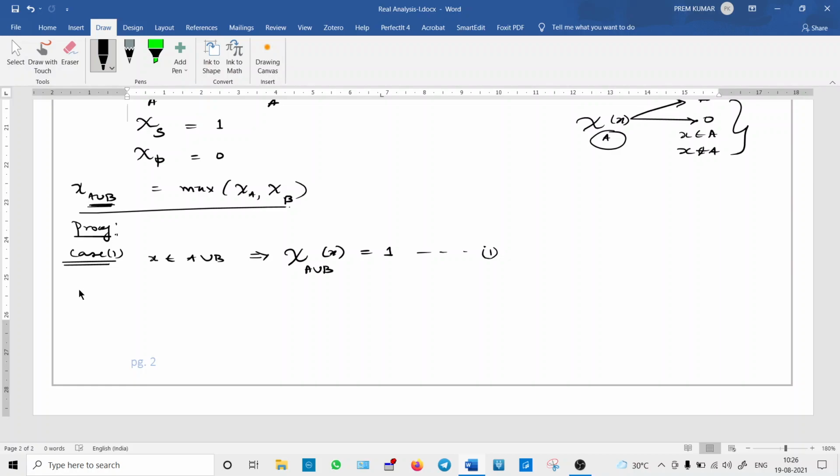Okay, now x is an element of A union B. Suppose x belongs to A union B, which implies x is an element of A or x is an element of B. Sometimes it can be in both, in A intersection B also, because if it belongs to the union, it can belong to A or B or both.